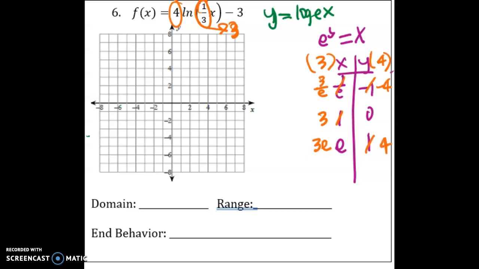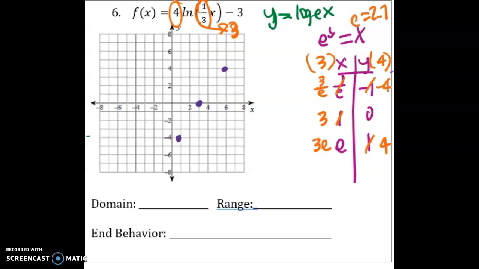So 3/e, remember e is about 2.7, so it's almost 3 over 3, pretty close to 1. It's a little bit less than 1 on the x, and we're going -4 on the y. And then 3, 0. And then 3 times e, so 2.7, so we're a little bit less than 6, and 4.